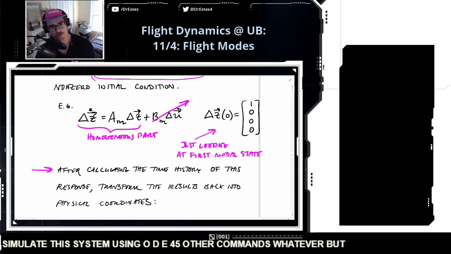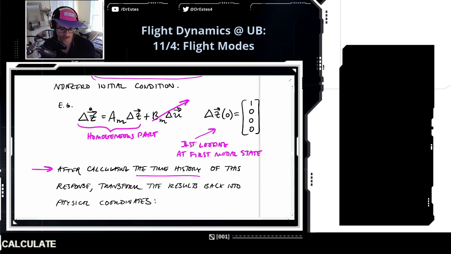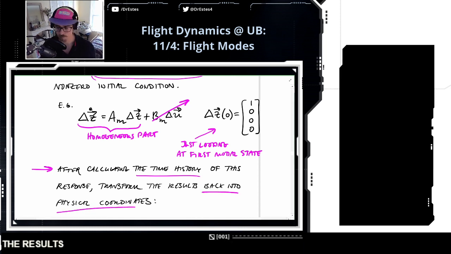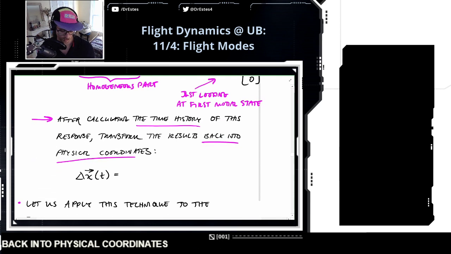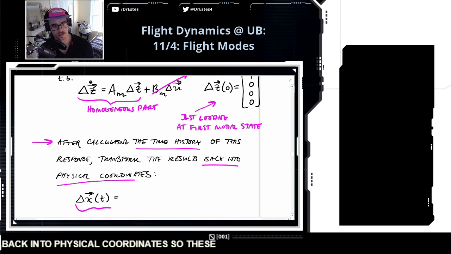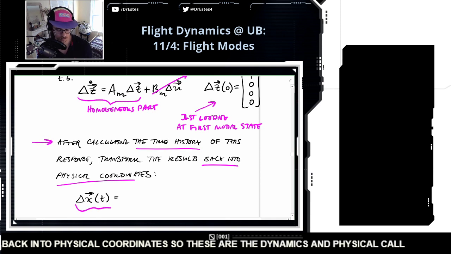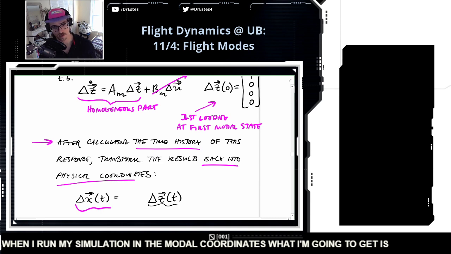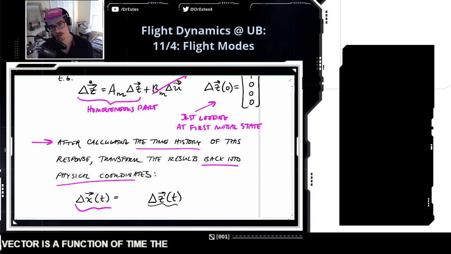But after you calculate the time history of this response in the modal space, you can transform the results back into physical coordinates. So these are the dynamics in physical coordinates. When I run my simulation in the modal coordinates, what I'm going to get is this vector as a function of time, the change in the modal states.